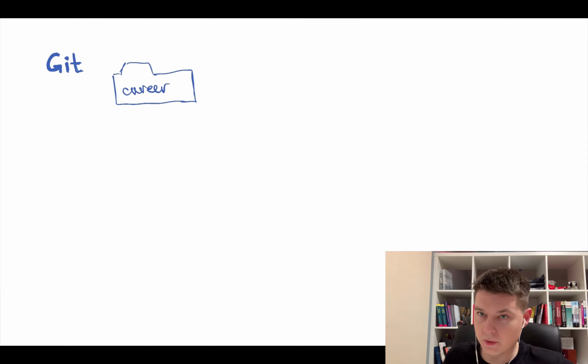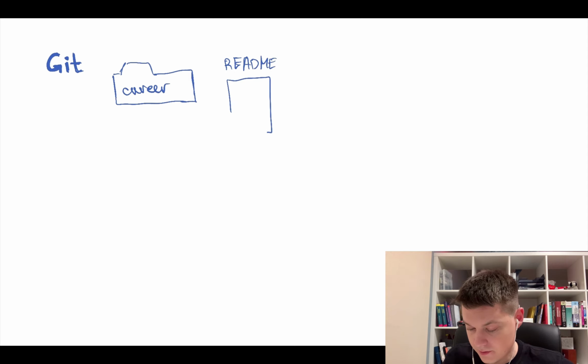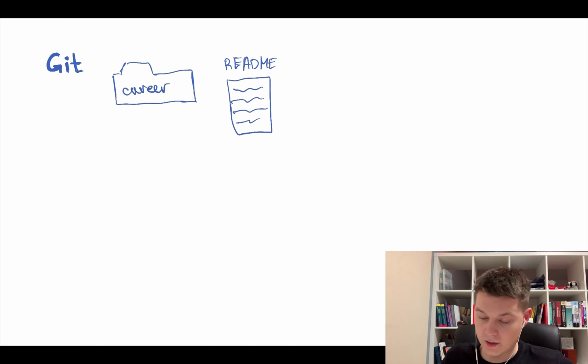We create maybe a main file, let's call it README. At the very beginning, it's a very basic file with some content, maybe some paragraphs, some sentences, and that's how it looks, right?